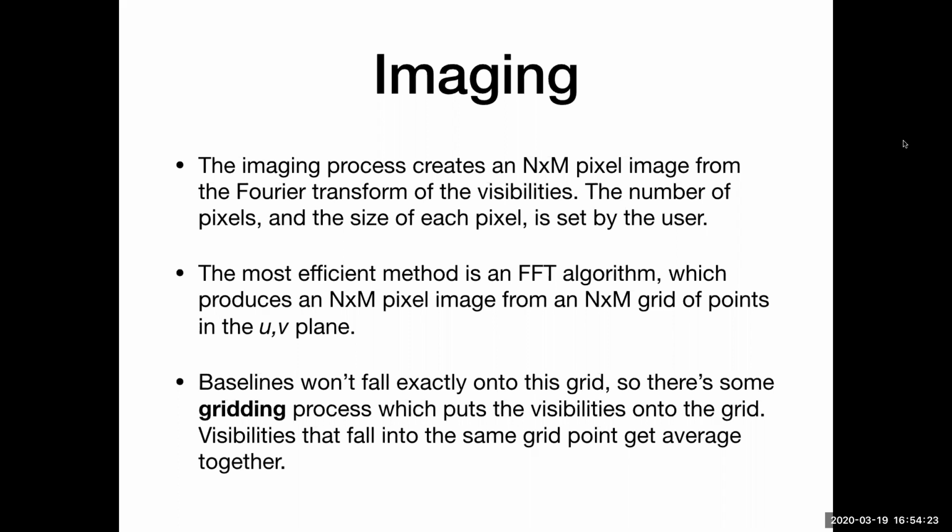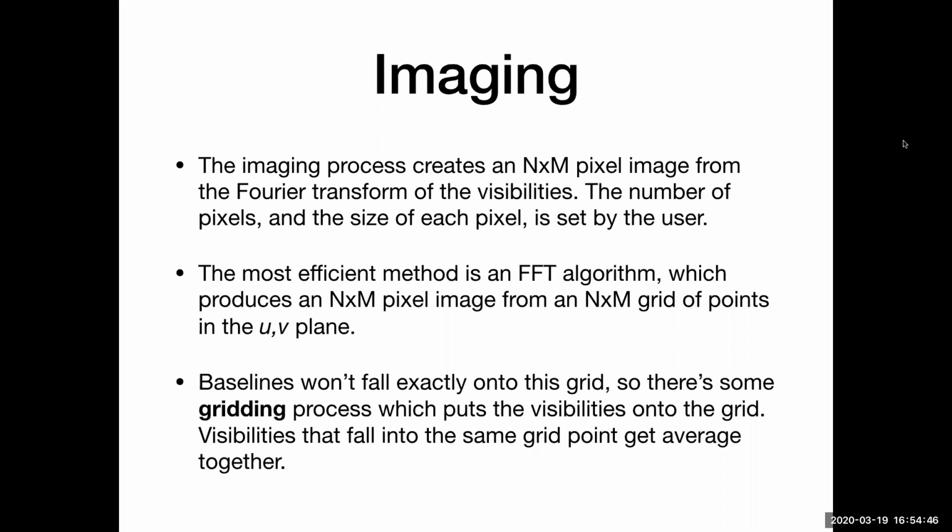And the spacing of points in the UV plane depends on your cell size because there's FFT rules. If you want your spacing in the image domain to be so large between samples, then the spacing in UV coordinates has to be some reciprocal of that.